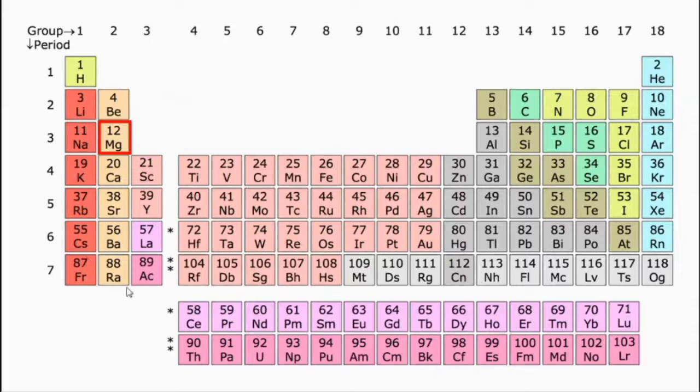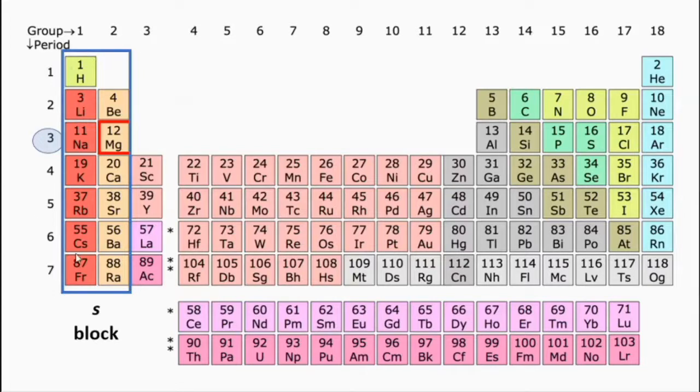Magnesium metal is one of the members of the alkaline earth metals, and magnesium is located in the third period, or period 3. Magnesium is also located in the S block. This is what we call the S block, here is the P block, and the center is the D block.